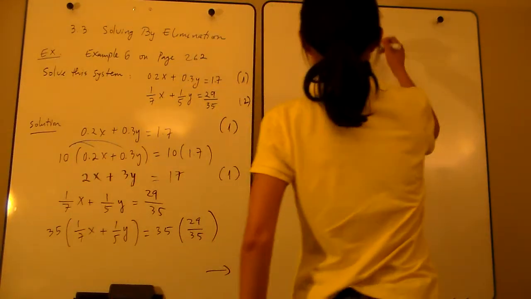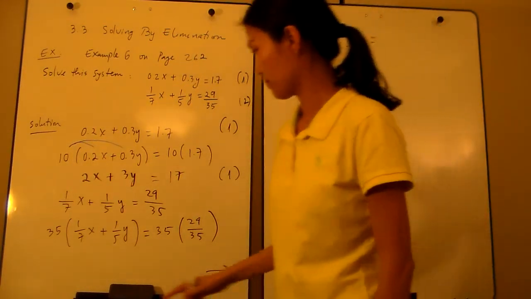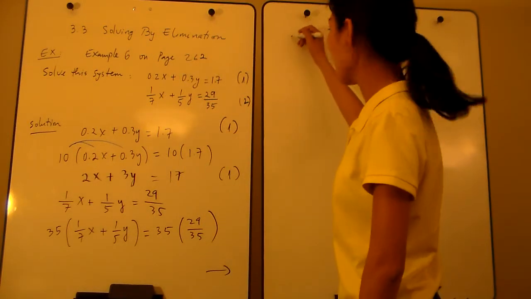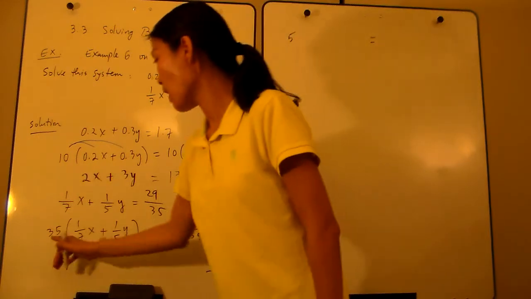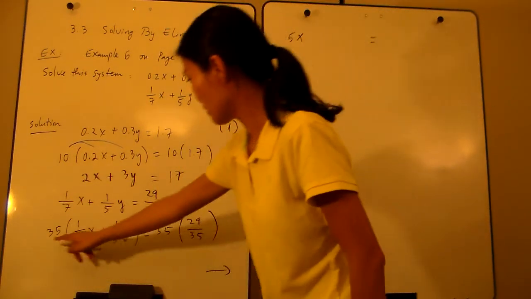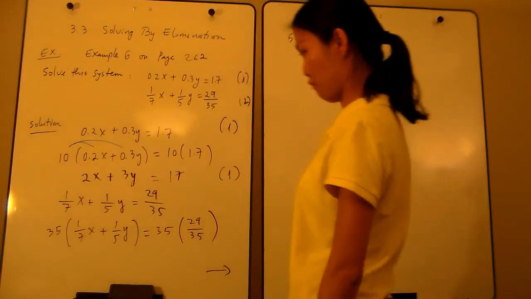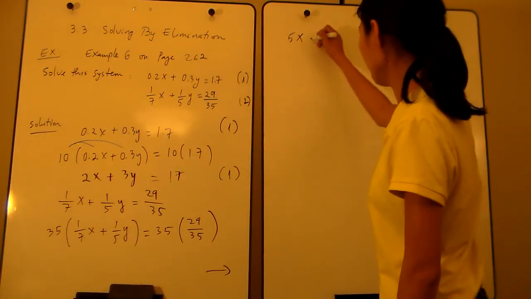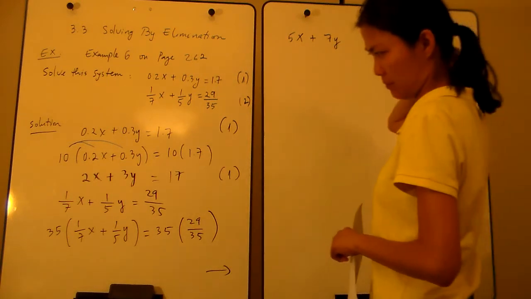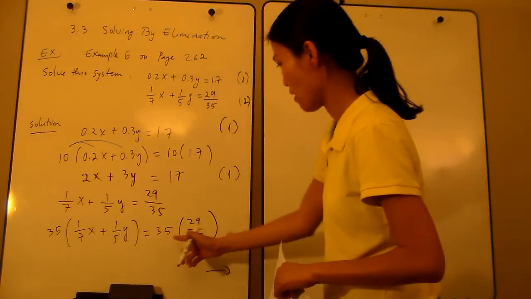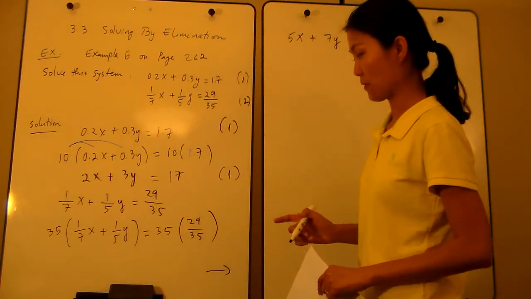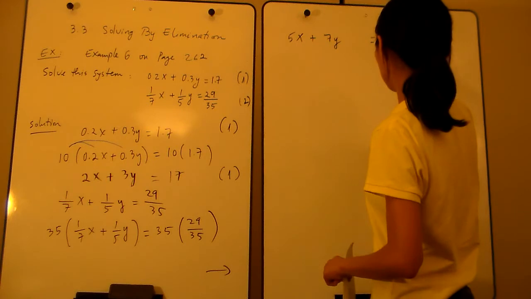Now, after you multiply, 35 times 1 over 7x is 5x. 35 times 1 over 5y is 7y. And 35 times 29 over 35: the 35s cancel out, so 1 times 29.